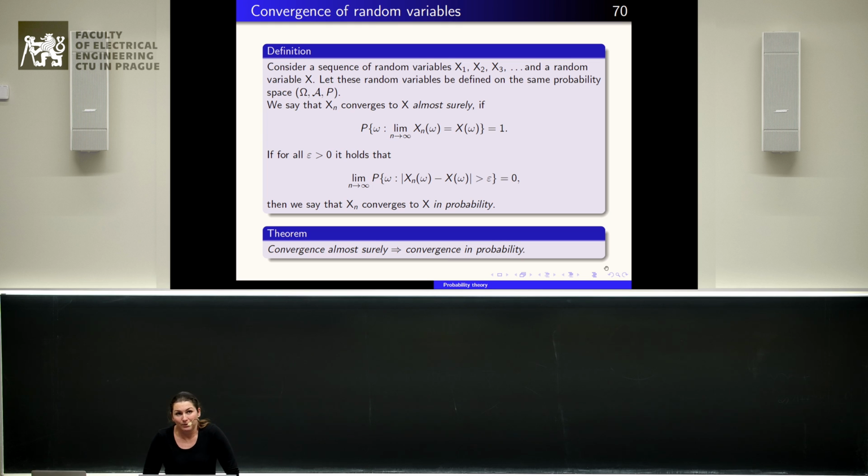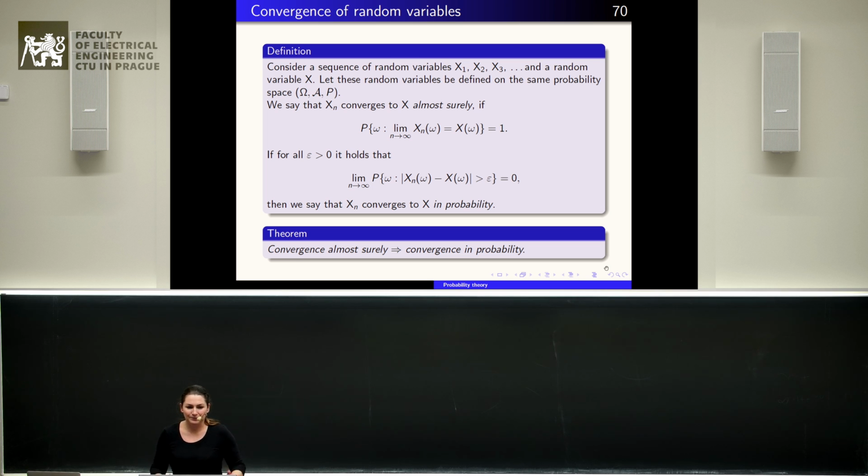So, you probably know the convergence of classical numbers, where you calculate the limit of a sequence of numbers, and the limit of this sequence is a number again. But in probability theory, we can consider two types of convergence. First, the convergence of the numbers themselves, and then the convergence of the probability.